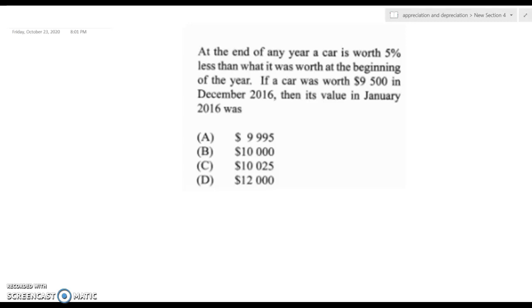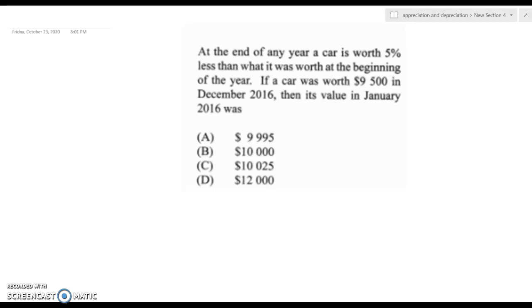At the end of any year, a car is worth 5% less than what it was worth at the beginning. So they gave us the value of the car in December 2016. That is the end of the year. They want to know the value of the car in January 2016, meaning we want to know how much the car was worth at the beginning of 2016.